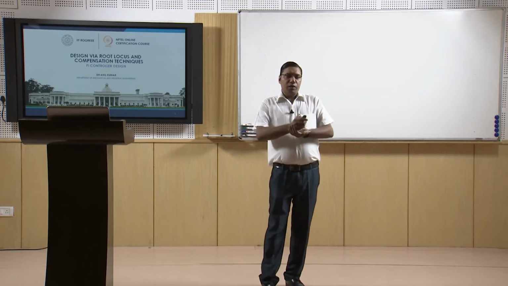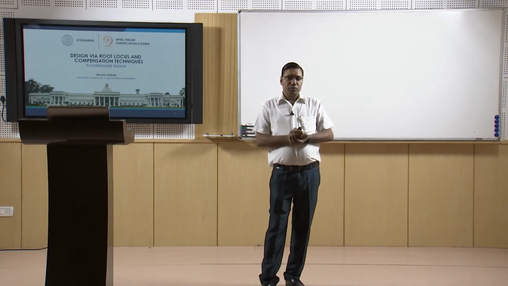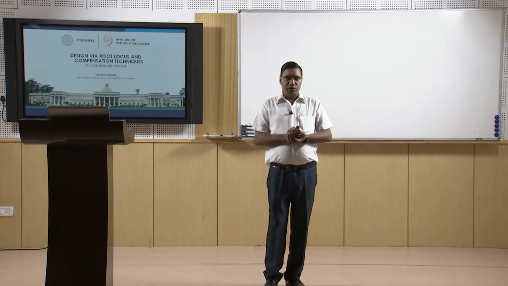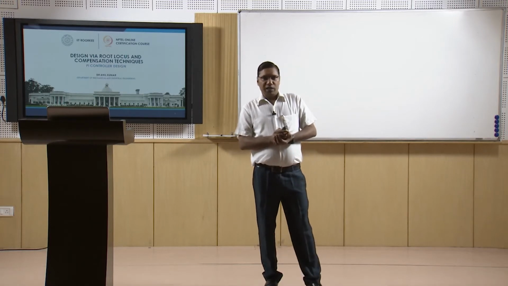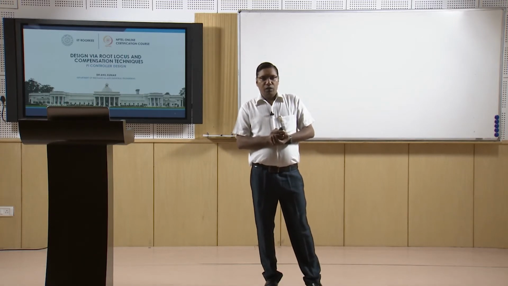So, on a root locus we can find some specific points and we can calculate the transient response information about that point. And we can see whether this transient response information is as per the design requirement or not.